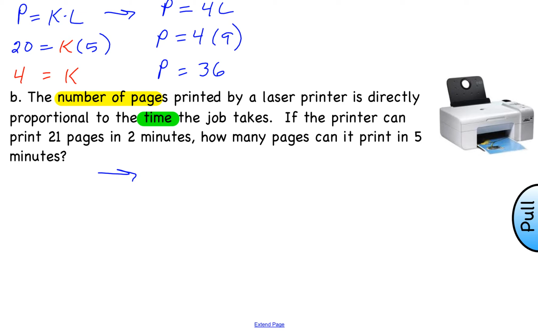If the printer can print 21 pages in 2 minutes, so there's time, and here is pages, how many pages can it print in 5 minutes? So go ahead and pause the video, see if you can set the equations up, solve for K, and find the answer to how many pages it can print in 5 minutes.